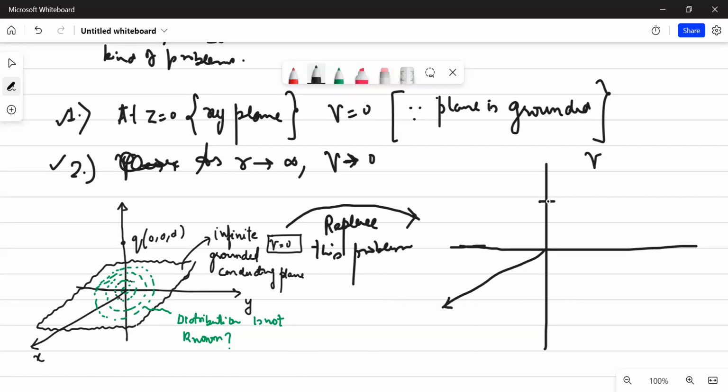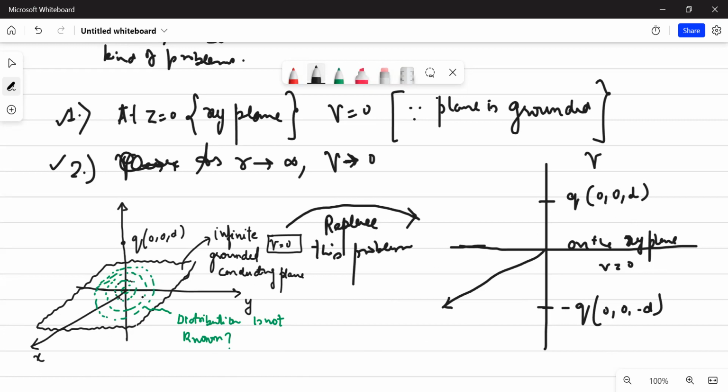So instead of this plane, we'll forget about the plane and place a charge minus q. If I place a charge minus q at 0, 0, minus d, and this charge q is at 0, 0, d, then one can understand that if the plane is removed, on the xy plane your potential would be 0. This is at distance d giving kq upon d, and this is also at distance d giving kq upon d. This is negative and this is positive. So overall, on the xy plane, your potential would be 0.